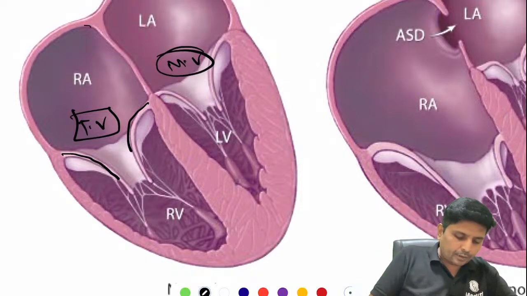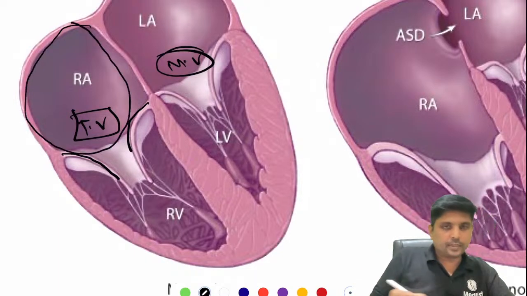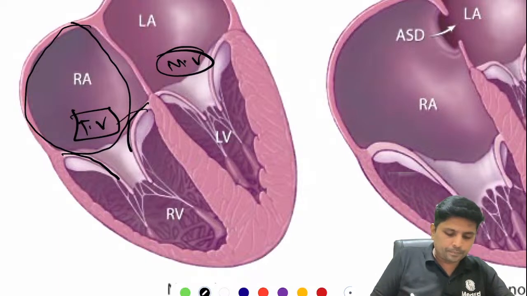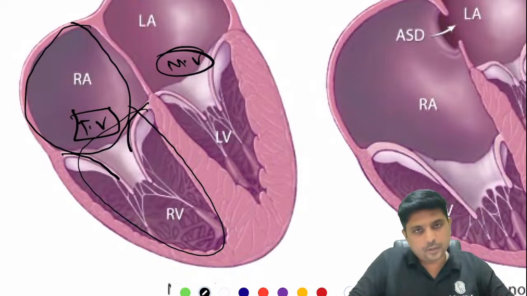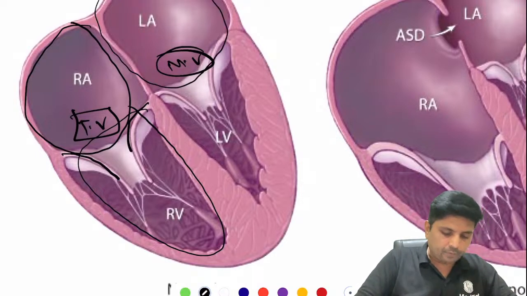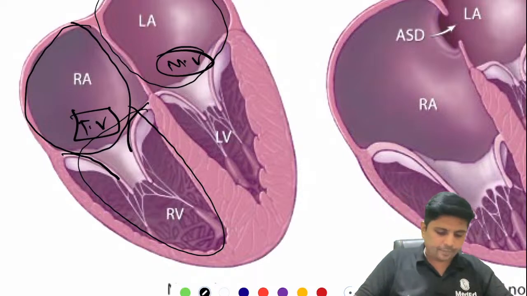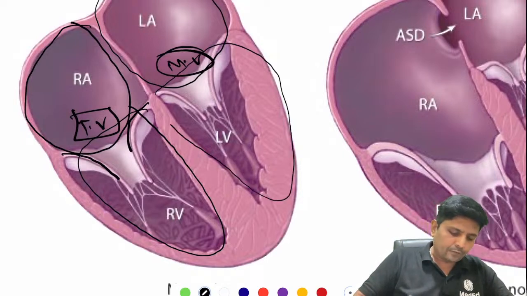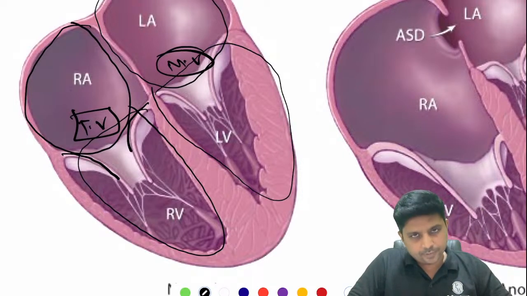Anything above the level of the tricuspid valve is the right atrium, and below it is the right ventricle. Similarly, the chamber above the mitral valve is the left atrium, and below it is the left ventricle.